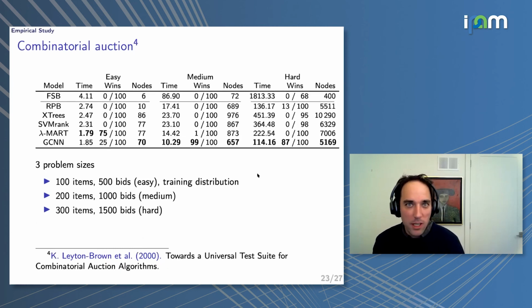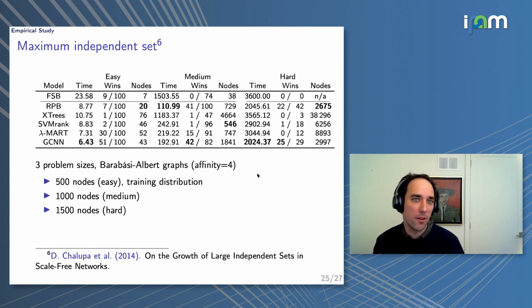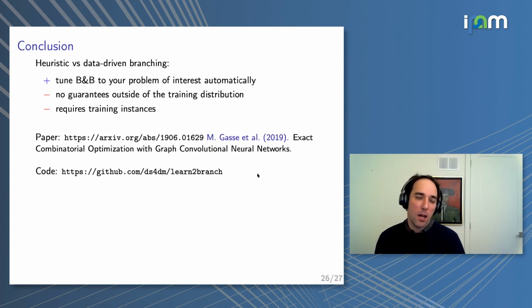I imagine I may only have a minute or 2 left, so I think I'll skip these 2 results. They're sort of in the same vein, where the GCNN is allowing us to outperform SCIP and also generalize to harder instances.